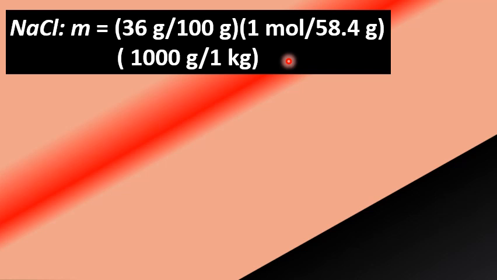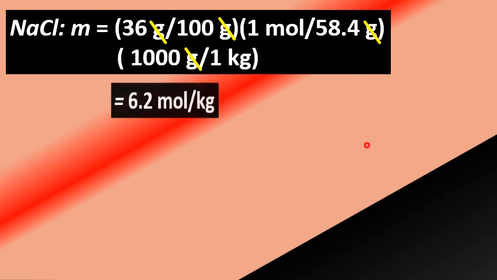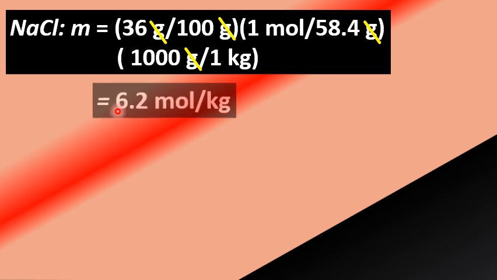The unit grams cancels out, but there is 1 unit gram that has to be converted to kilogram. So, the result is the molality equal to 6.2, and the unit is moles per kilogram, also known as molals.